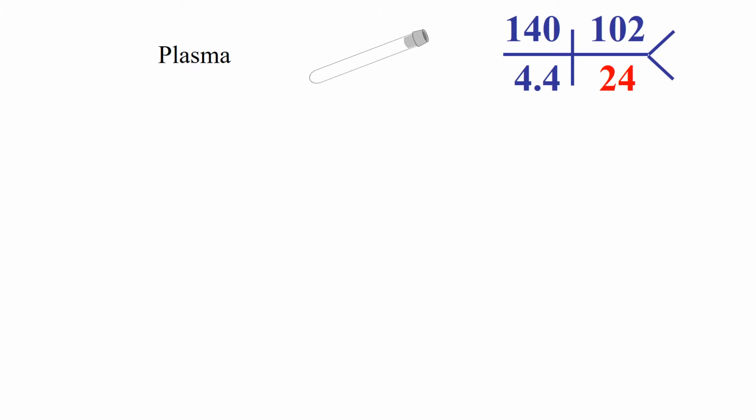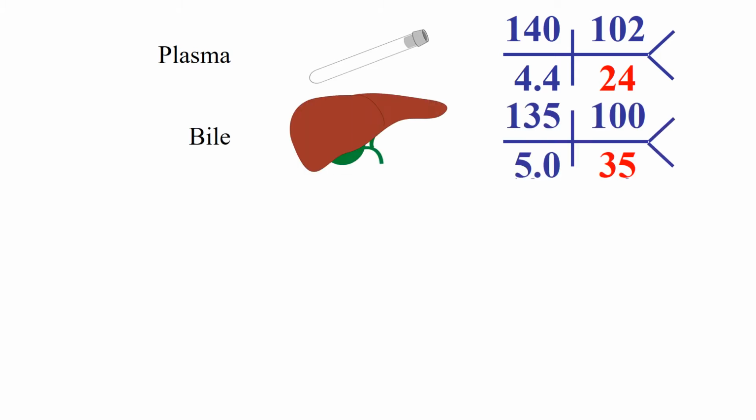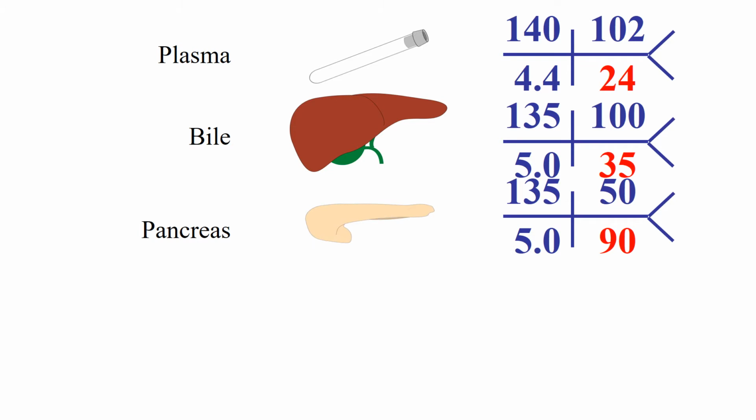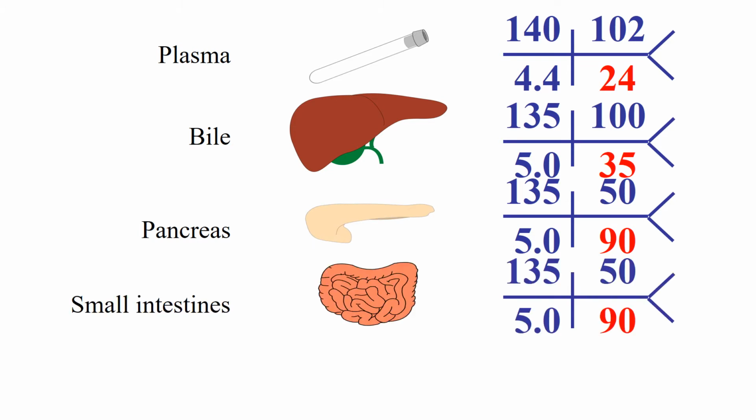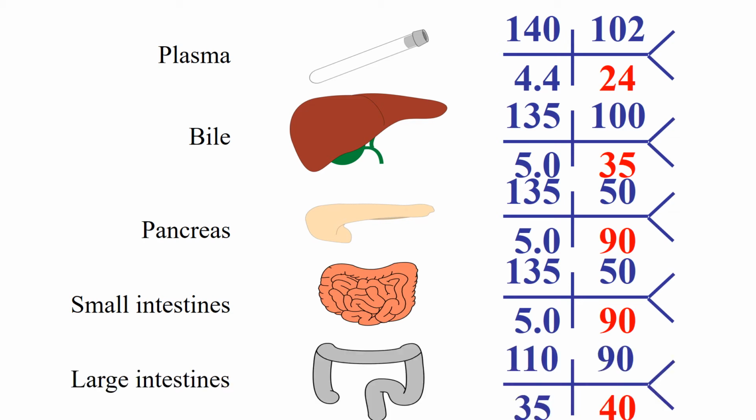So in plasma, the bicarbonate concentration is 24 milliequivalents per liter. When you look at bile solution, the bicarbonate concentration is 35 milliequivalents per liter. Pancreas, as high as 90 milliequivalents per liter. Small intestines, as high as 90 milliequivalents, and large intestines as high as 40 milliequivalents per liter.